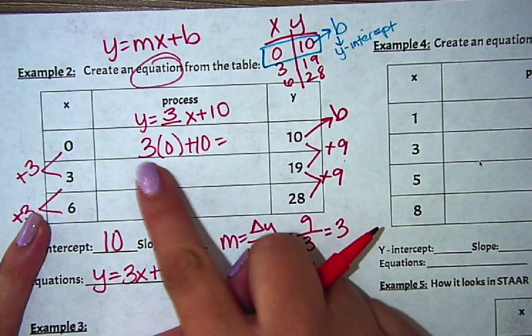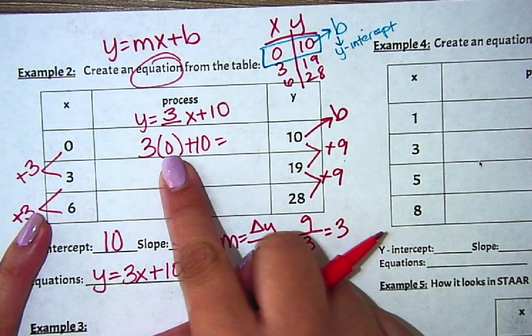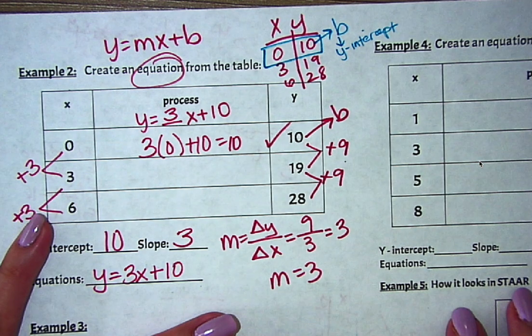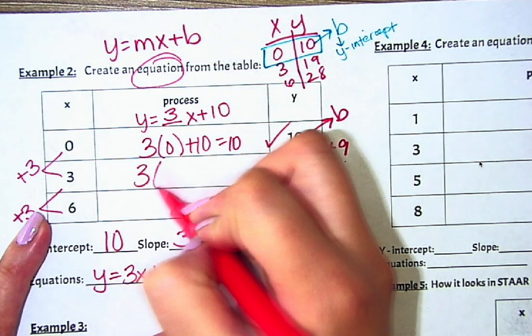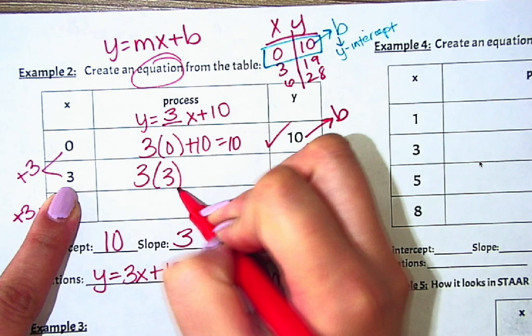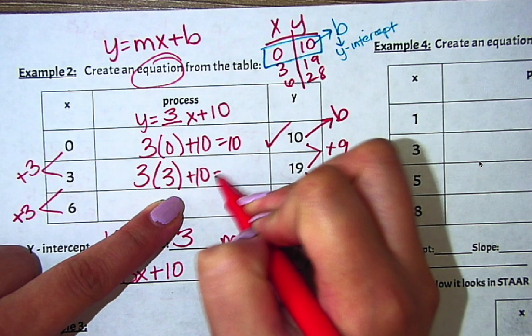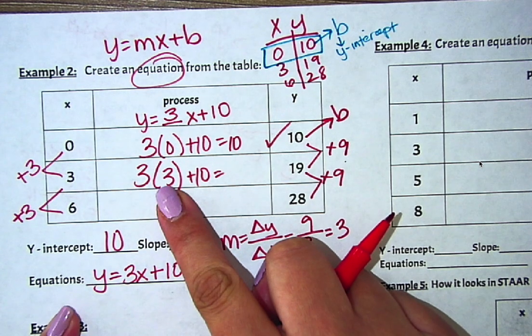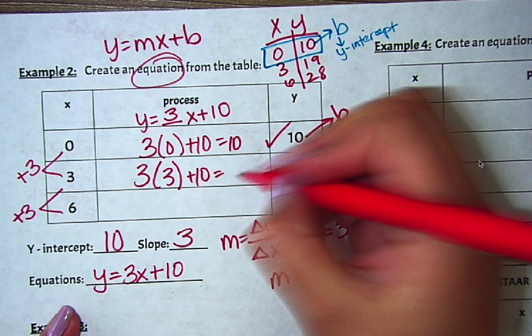So let's solve it. 3 times 0 is 0, plus 10 is 10. Checks out. The next one, plugging in my x value, which is 3, I should get the answer 19. So let's solve for it. 3 times 3 is 9, plus 10 is 19.